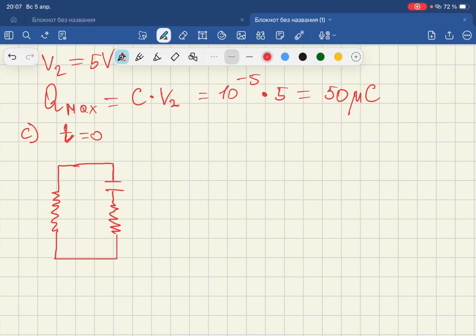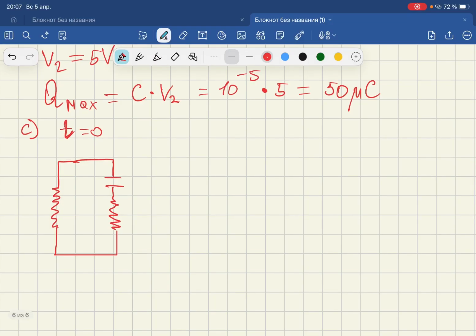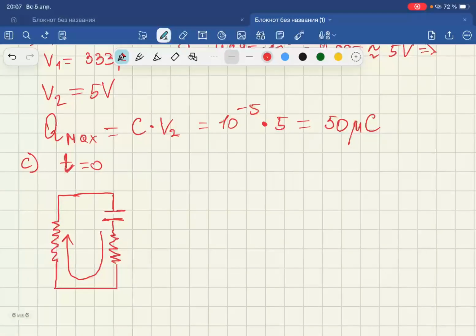Why? Because after opening the switch, the charge remained at the capacitor. That charge will be going through that circuit, because after the opening we don't need to consider that circuit, which is located on the left side.